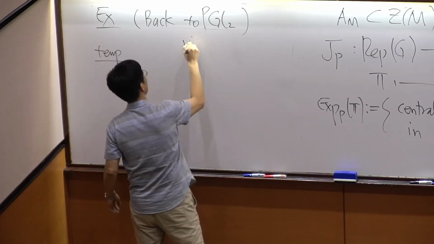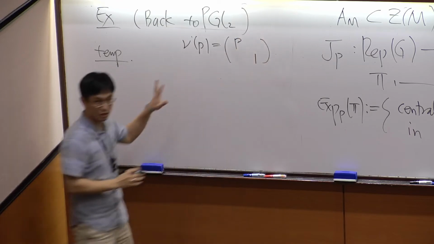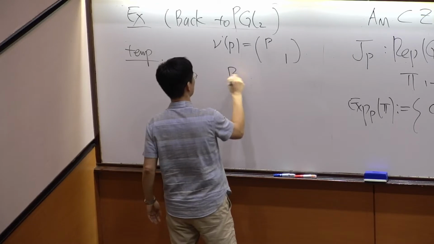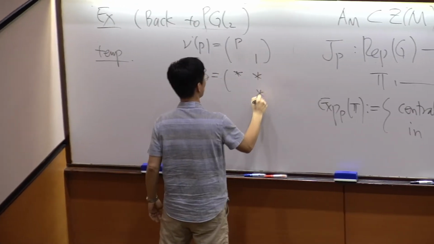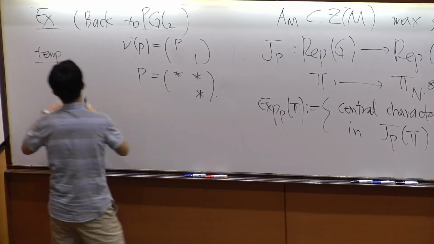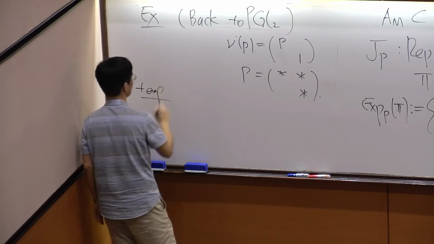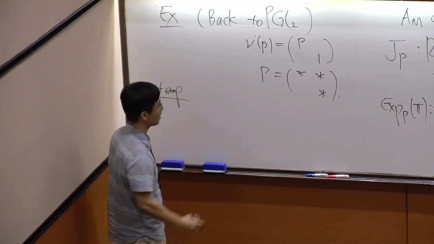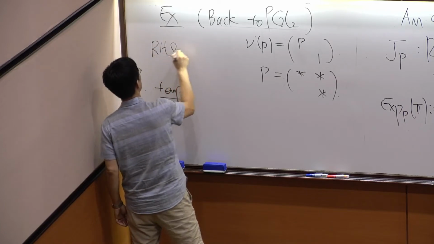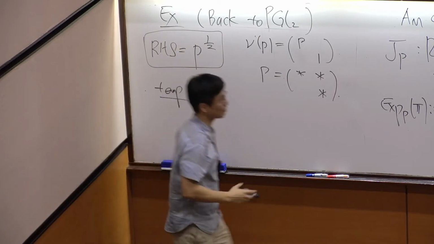For concreteness, let's say nu_P is (0,0,1), which is P positive if you take P to be the upper triangular Borel. In this case, for tempered principal series, first of all, this right-hand side of the conjecture is going to be square root of p. So that's the number to beat.